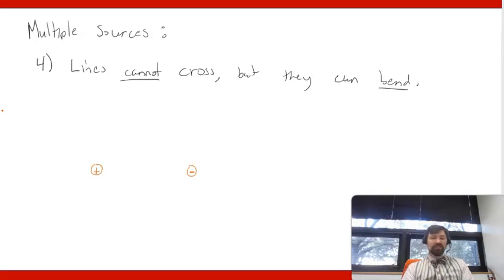Let's say that they both happen to have the same, so this one would be like plus Q, this one would be like minus Q. So they've got the same amount of charge for both of them. What does that look like? Well, if I draw a line running from here straight across to here, that line's valid. It starts on plus, it ends on minus.